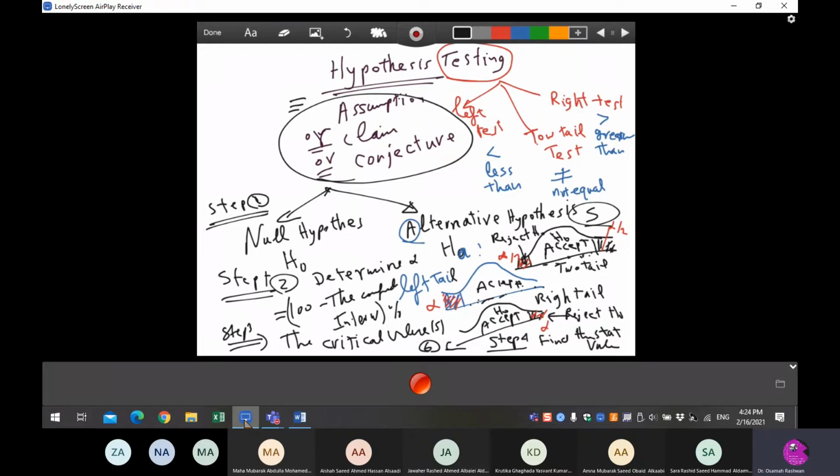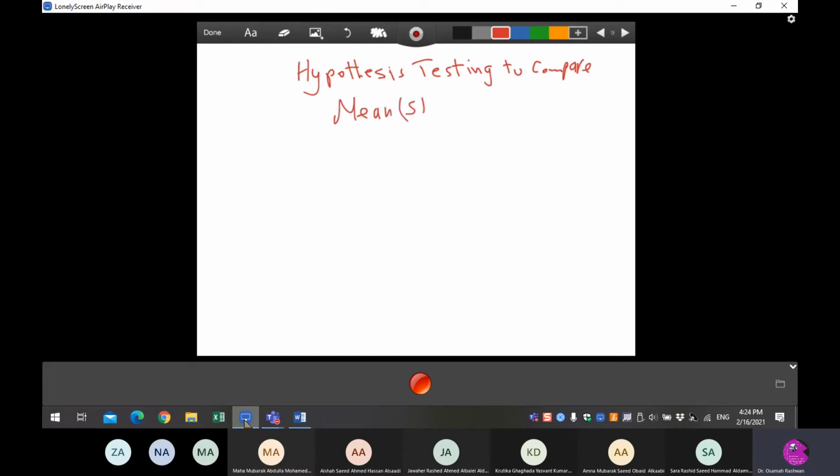Now, this is in general. In any hypothesis testing, you follow the same steps. If you go for hypothesis testing to compare the mean or means, right?